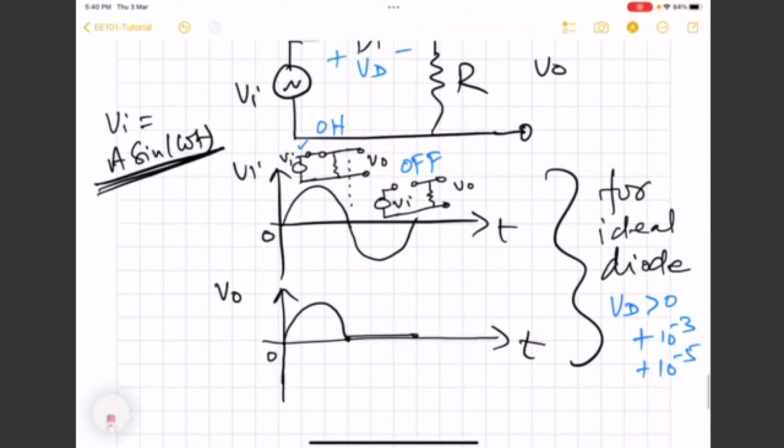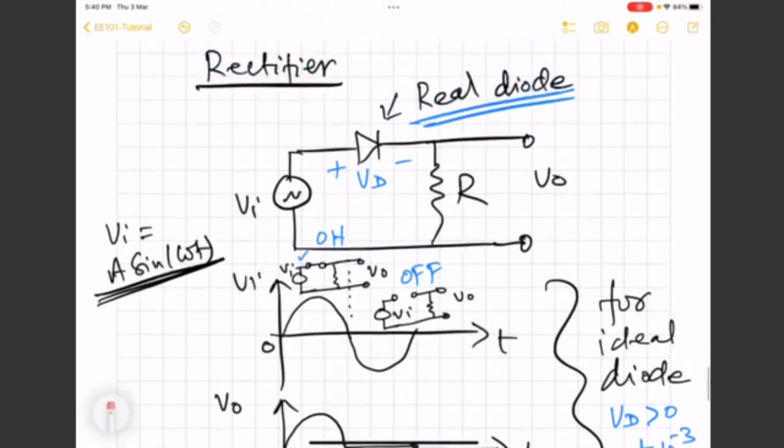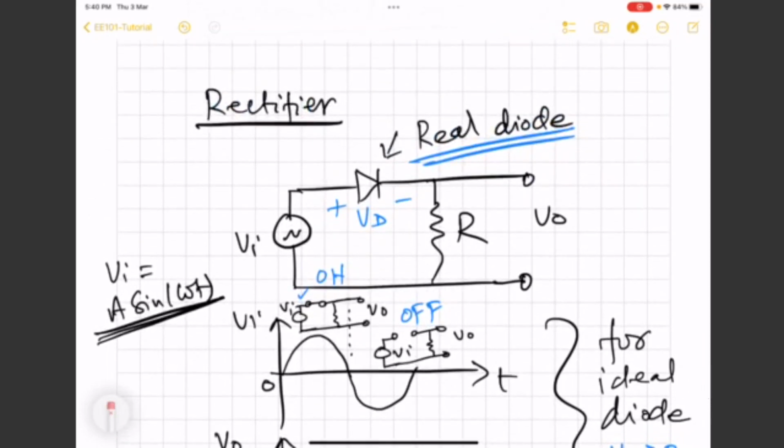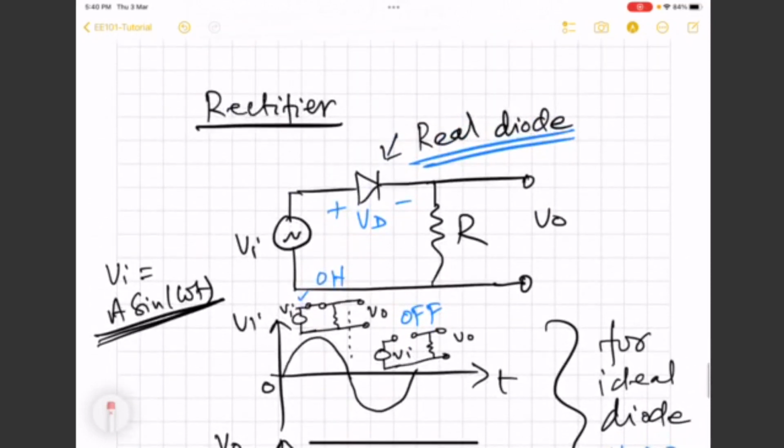For ideal diodes, it will be 0. But for a practical diode, I mean real, it depends on the material.